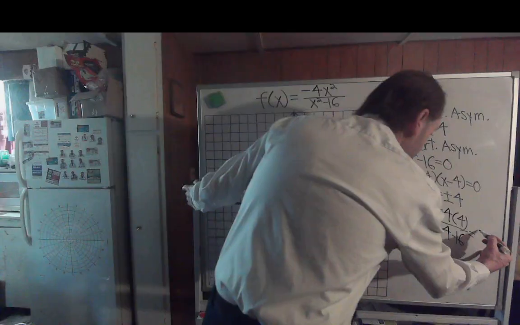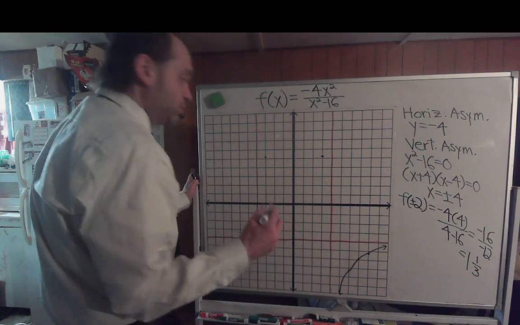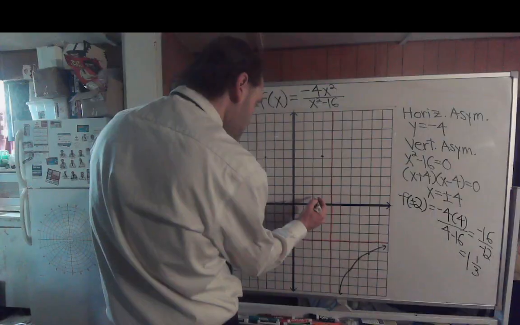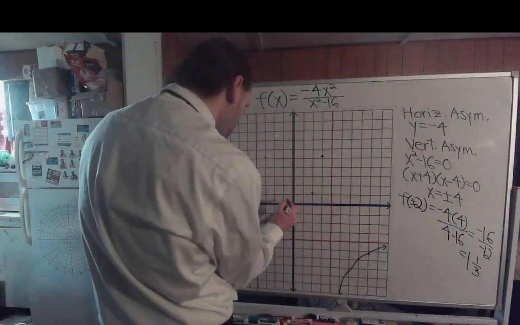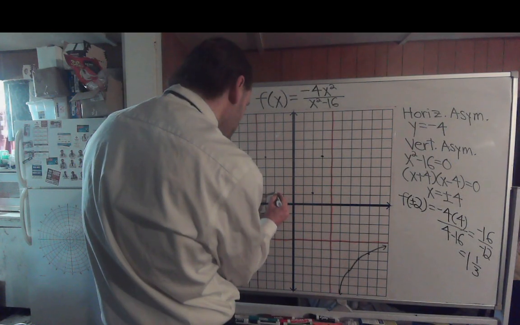Well, that's going to give you negative 16 over negative 12, which would be positive 1 1/3. You would get positive 1 1/3 when x is either positive or negative 2.